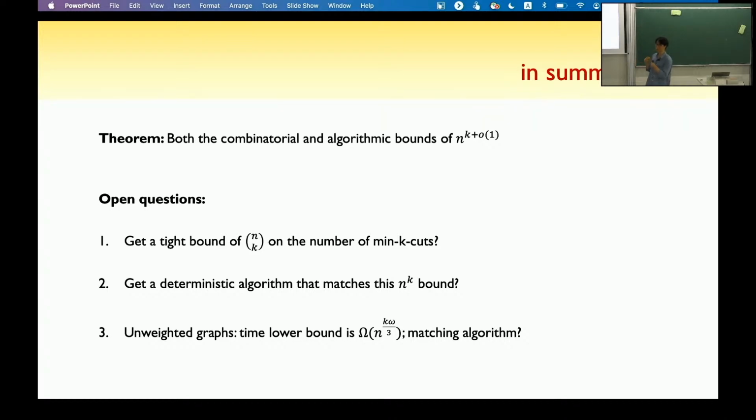But there's a slick trick to avoid this, so one can essentially get the Karger-Stein result, enumerating all the minimum k-cuts in essentially the same running time, losing only a log n factor. Deterministically, can we enumerate all the min cuts in n squared time? I don't think it's known. Perhaps you have to pay another factor of n or something.